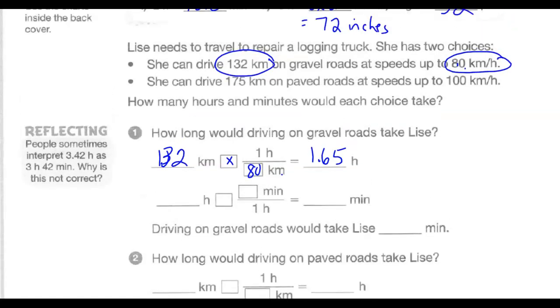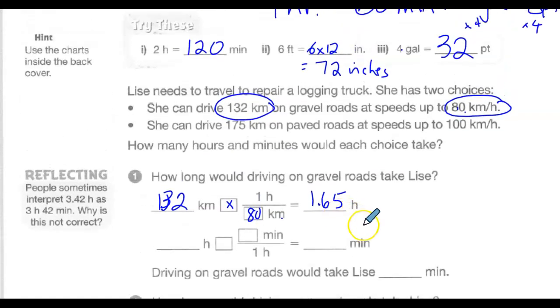So some students will think, oh, that's 1 hour and 65 minutes. Well, that doesn't make sense because an hour has only 60 minutes. So remember what we did in the last section. We subtracted the full hour. But actually, you can keep it as 1.65 because it's asking here, how long would it take Lisa in minutes?